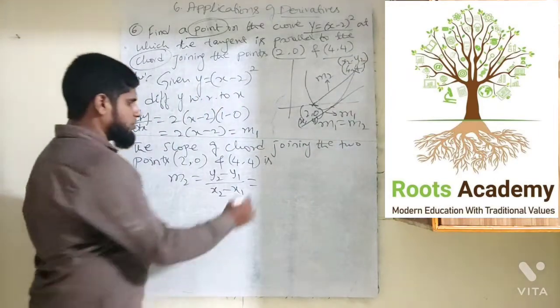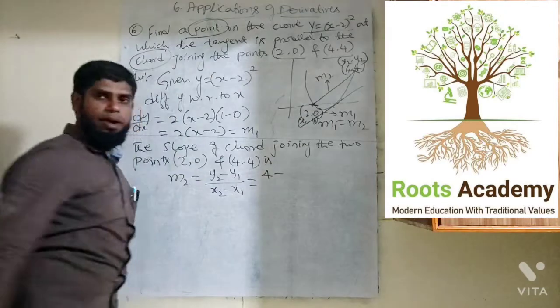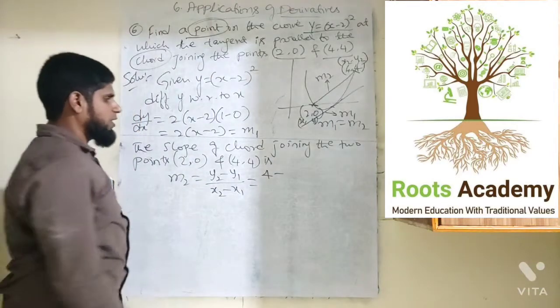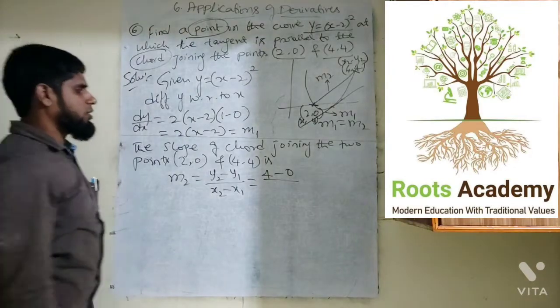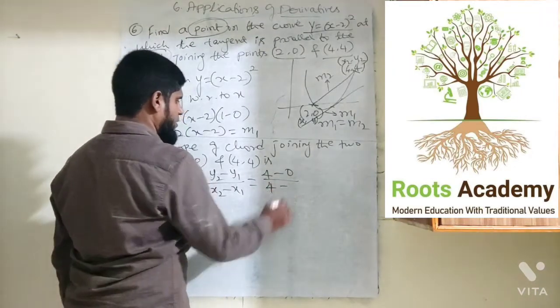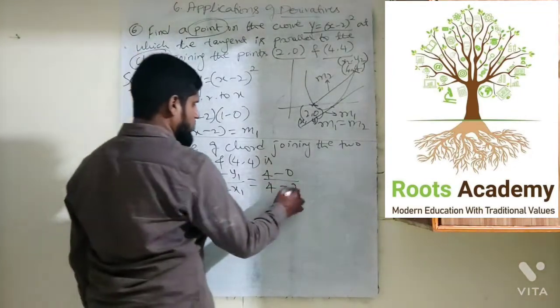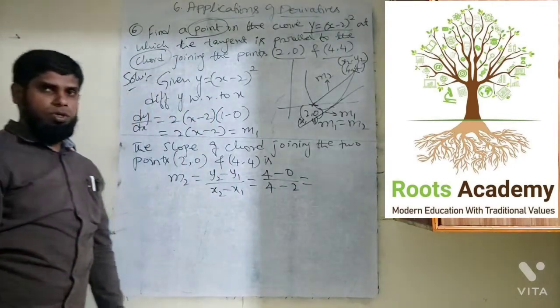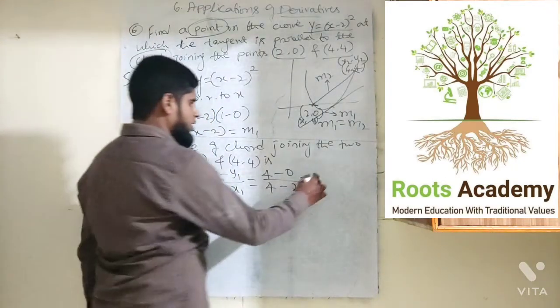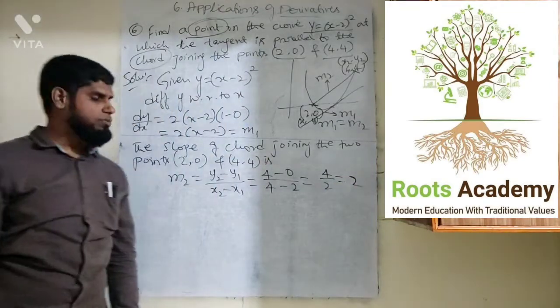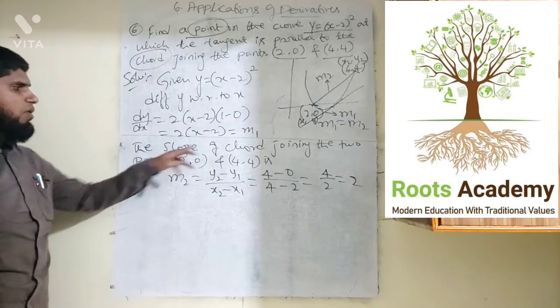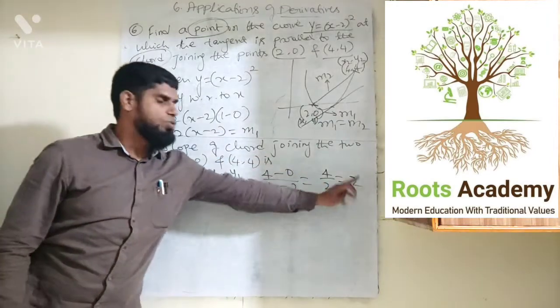So y2 is 4 minus y1 is 0, divided by x2 is 4 minus x1 is 2. So finally I will get 4 by 2, the answer is 2. So the slope of the given chord is 2.